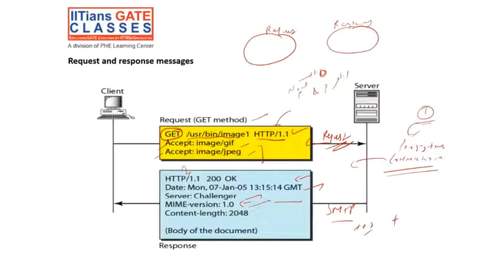But if you need audio, graphics and all these details, then we need some extension. The extension is MIME. So these rules are part of HTTP. They are separate protocols also, but these rules are part of HTTP, so they are supported. And content length, the size of the content, then the body of the document is sent. This is the response, how we send the response from the server to the client.